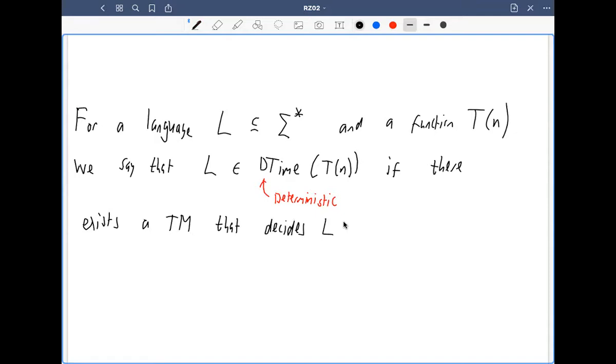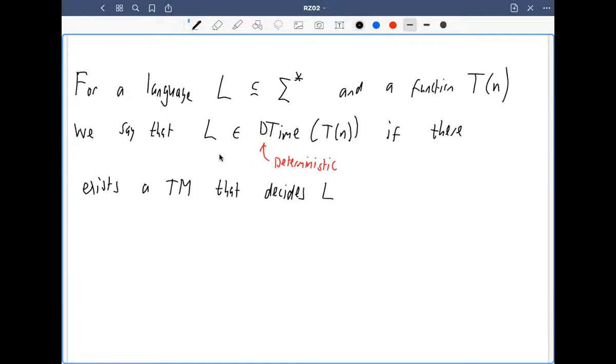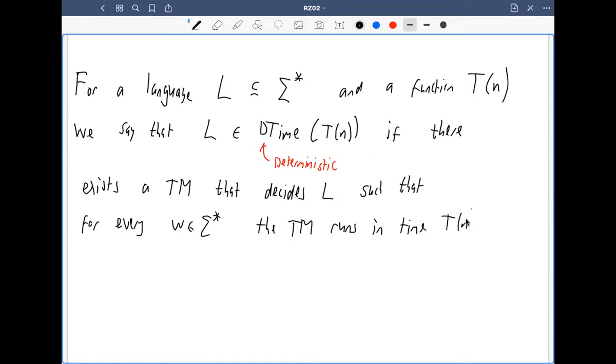So it accepts every word in L, rejects every word that's not in L, such that for every possible input word, so every word over the alphabet sigma star, the Turing machine runs in time t of n. So it runs in time t of the length of the word w.